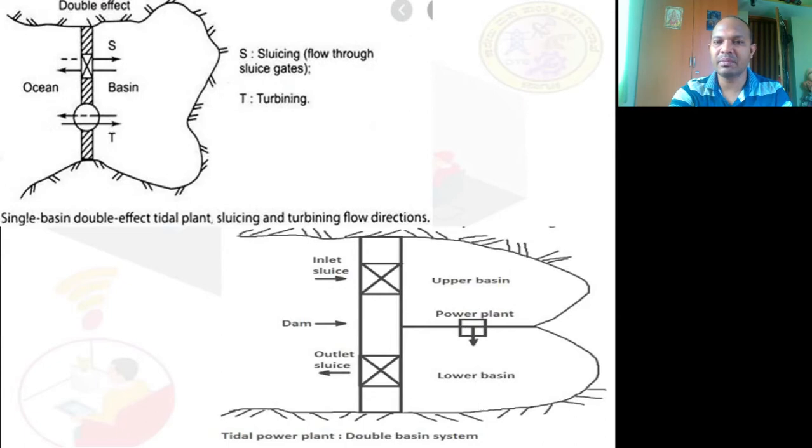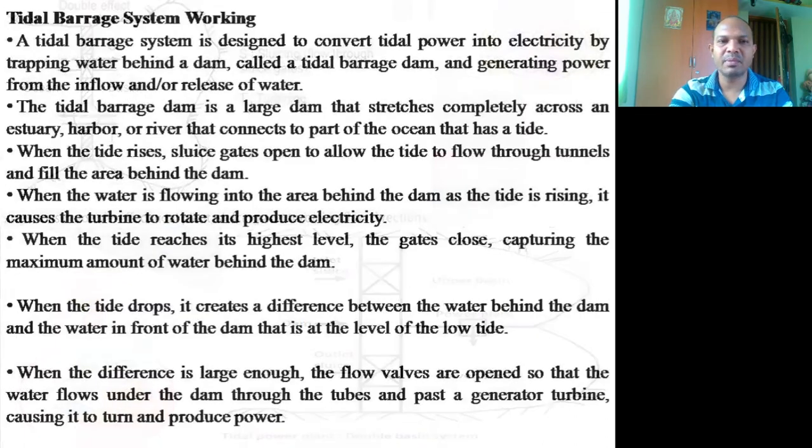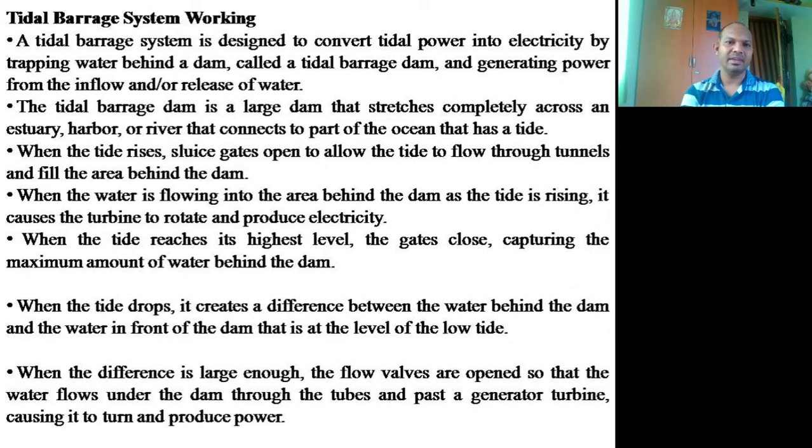Now here also there is a barrage, so let me talk about this barrage. A tidal barrage system is designed to convert tidal power into electricity by trapping water behind a dam called a tidal barrage dam, and generating power from the inflow and release of water.